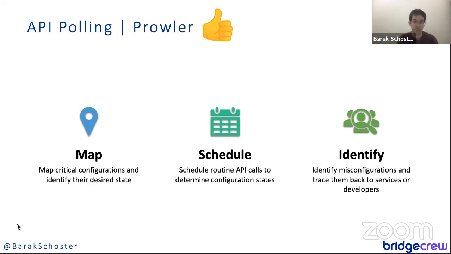It's very easy to install and set up, and it can run securely from anywhere. What it does is map the critical configuration and identify the desired state. You can trigger it using a scheduled routine to do a continuous verification of your cloud configuration. And the end result is an alert or identification of an issue that you should take a look at.